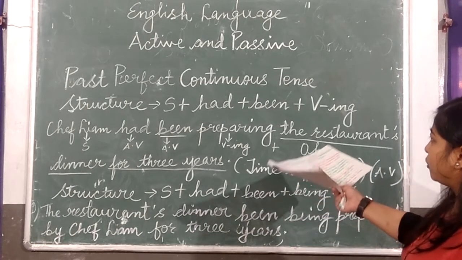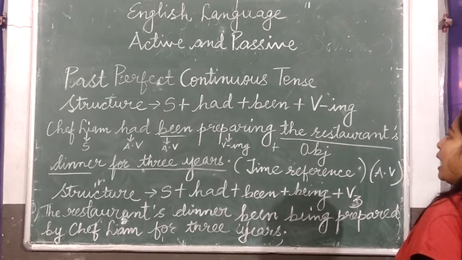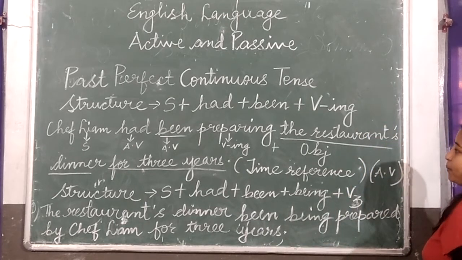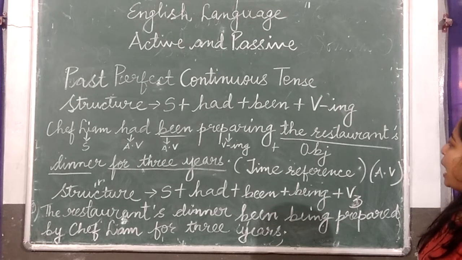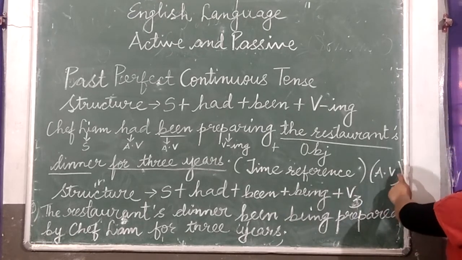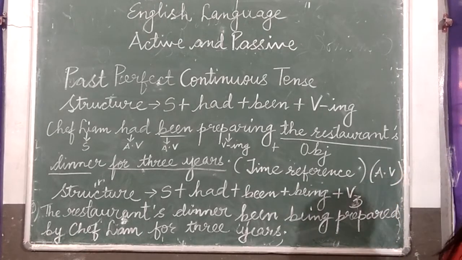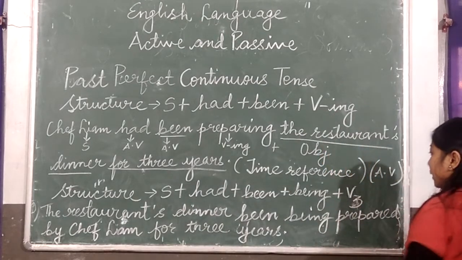So see the structure in the active voice. The subject has to be there plus had plus been plus ing form of the verb. So the sentence goes like this. Seth Liam had been preparing the restaurant's dinner for 3 years. Okay, this is in the active voice. So if you have to change it into passive, the structure goes like this.